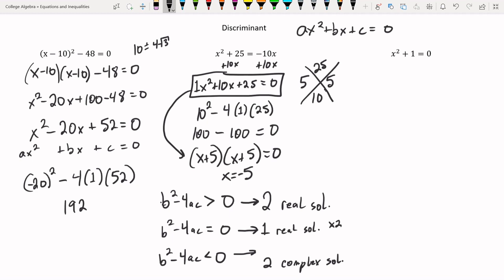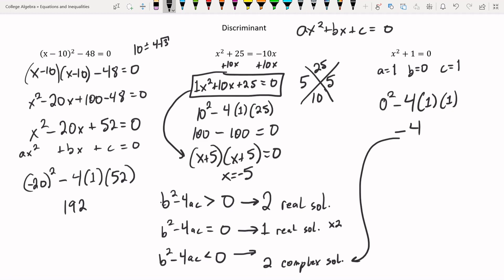And we can do that here. A here is 1, b equals 0, and c equals 1. Doing b squared, 0 squared minus 4 times a times c gives us negative 4.